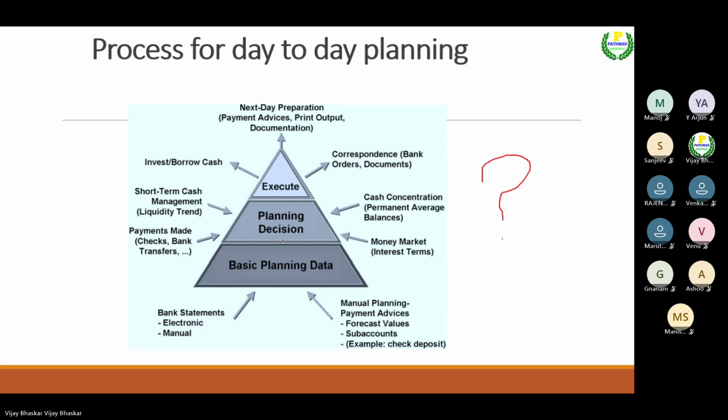See, there are two types. First thing is bank statements. Before getting to that, cash management explains the short-term cash visibility. Let us assume an organization.